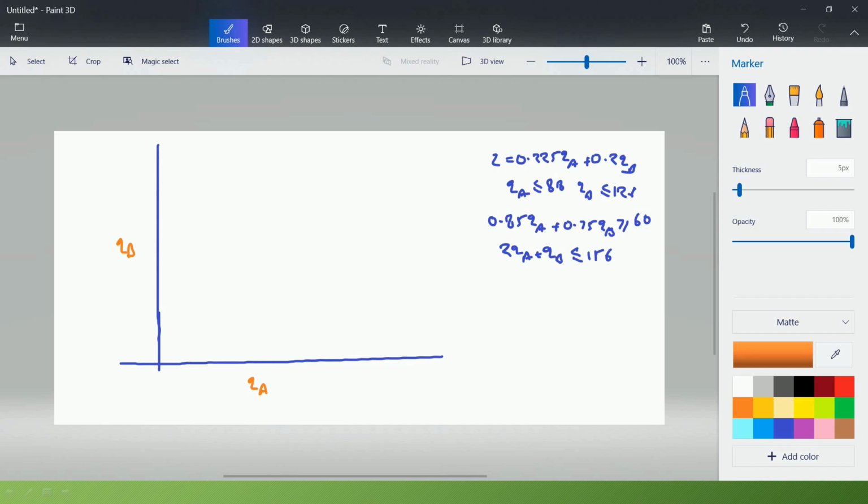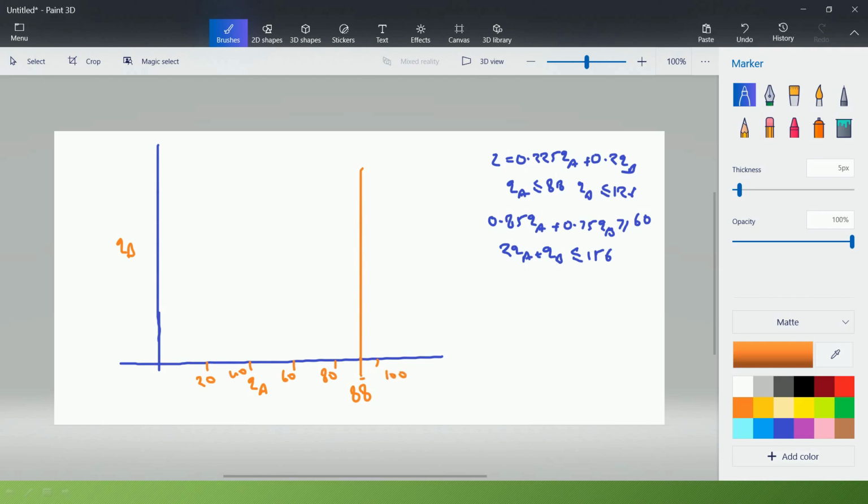Considering this as 20, 40, 60, 80 and 100, somewhere here we will have 88.